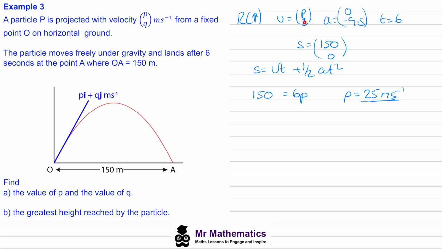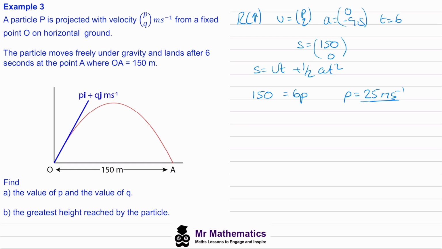We can work out Q by substituting in our vertical components. So the displacement vertically, well, it started at 0, but then came all the way back. So it ends in 0. So our vertical displacement is 0.